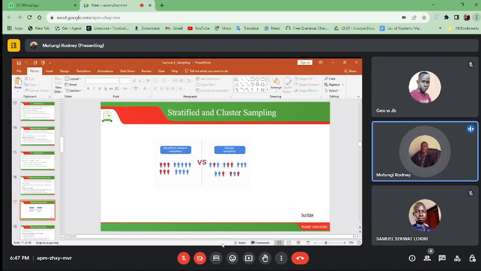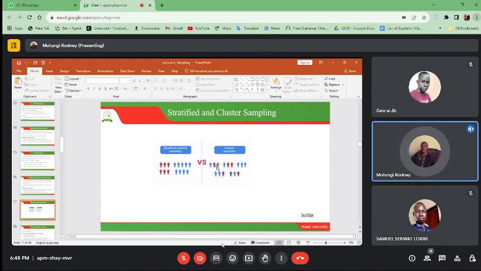The circles might not be clear for you, but we are trying to say that if this is the population that you are selecting from, okay, in stratified, you are going to go, for example, here, and then you collect these people here because they have the same characteristic. You also go here, you collect these so that you can have that representativeness.